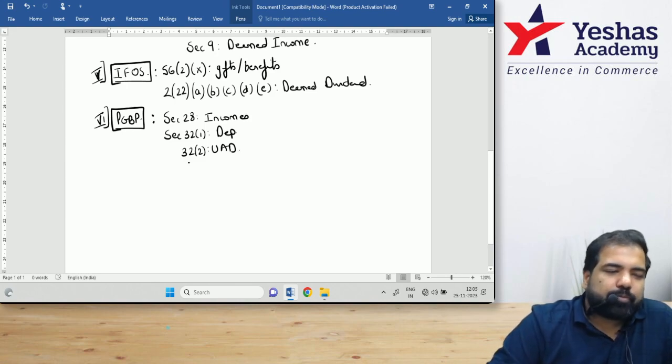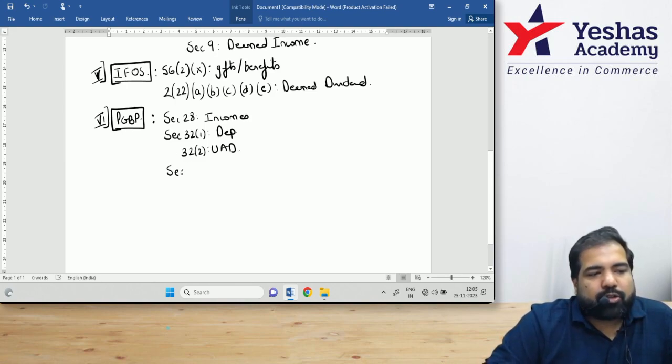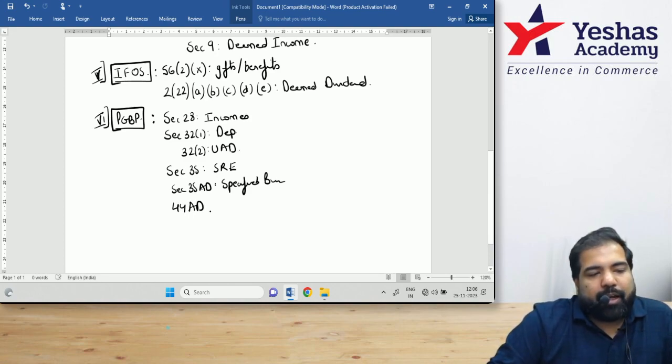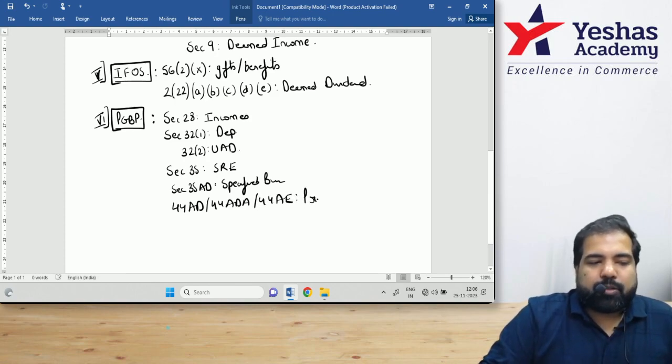And no. Section 35 is scientific research expenditure. Section 35AD is which business, guys? Specified business, you are special. Besides that, 44AD, 44ADA, and 44AE. This is which tax? Presumptive tax.